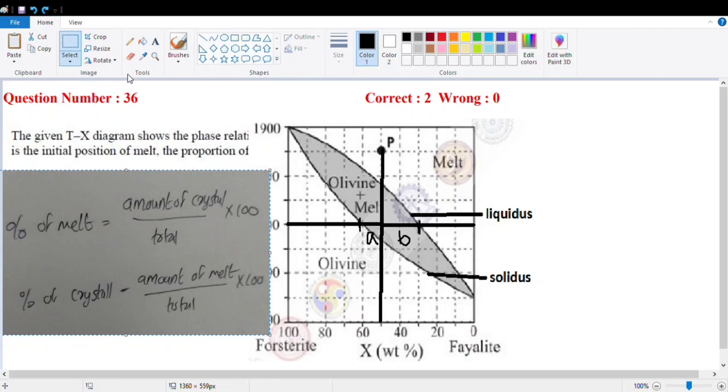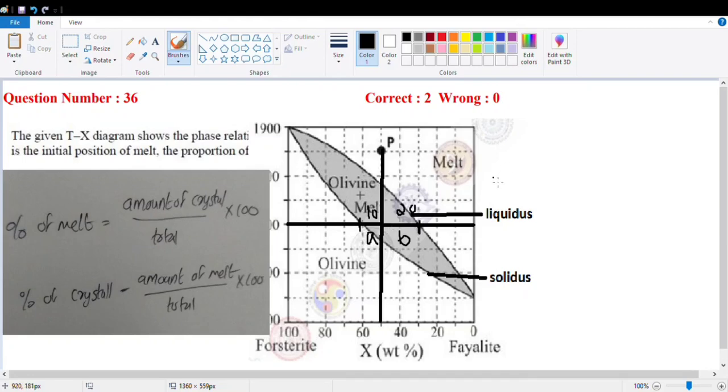Here, A, the amount of crystals, is 1 unit, that is 10, and B, the amount of melt, is about 2 units, that is 20. Here we got the value A equal to 10 and B equal to 20.